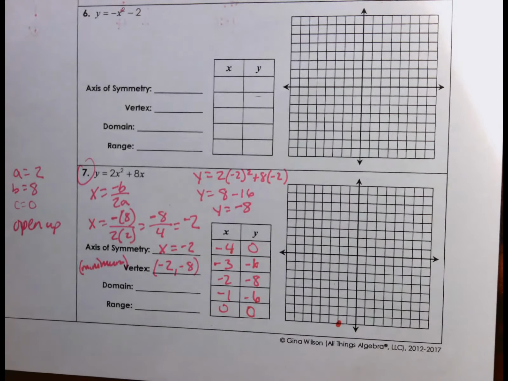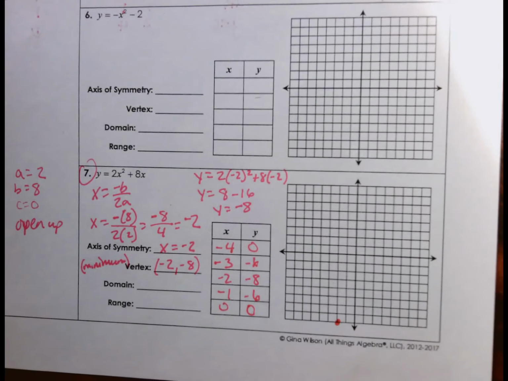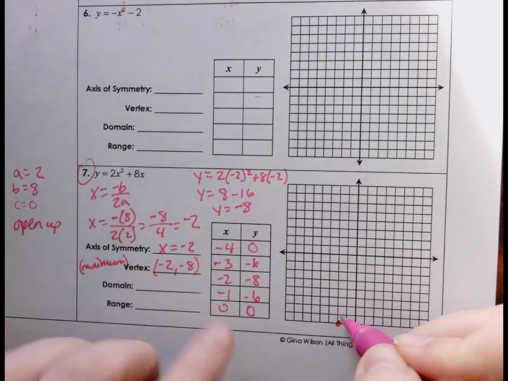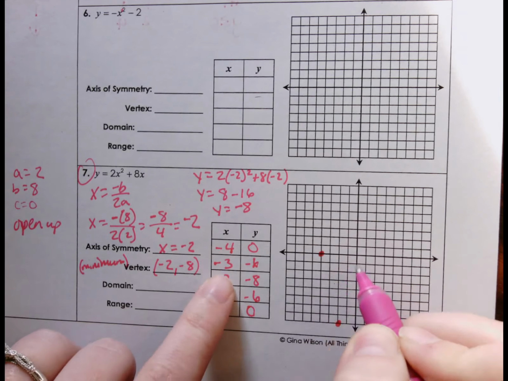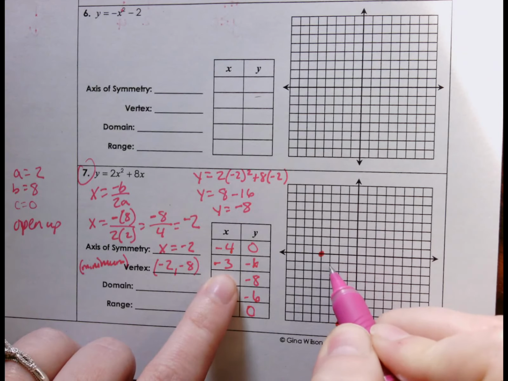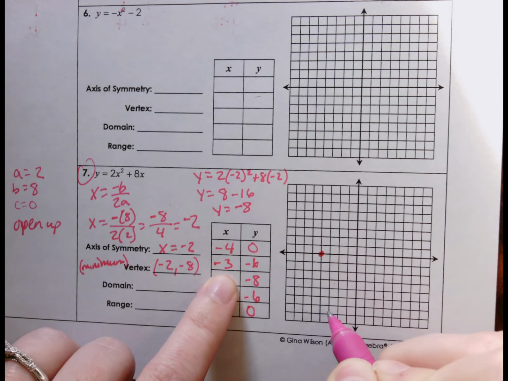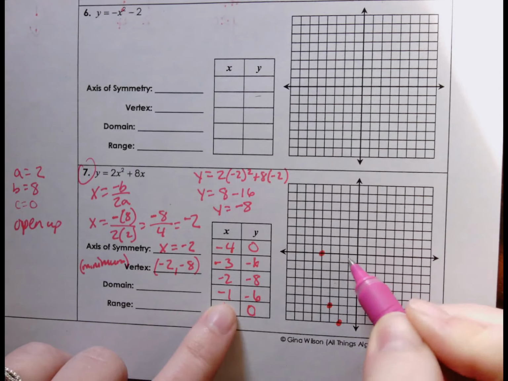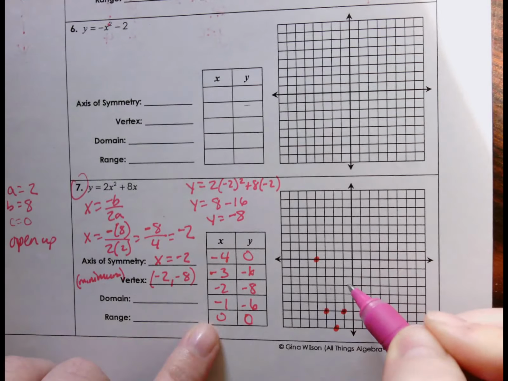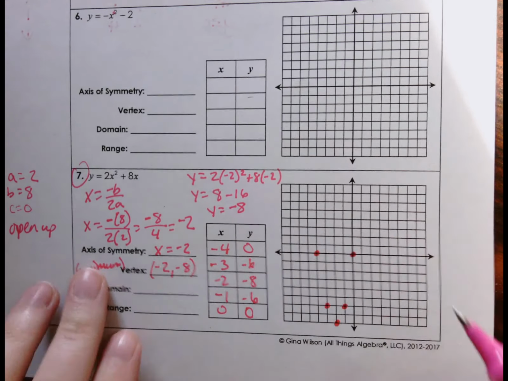Now I'm going to graph those points. I start with negative 4, 0. Negative 3, negative 6. Negative 2, negative 8 I've already got. Negative 1, negative 6. And 0, 0, the origin.